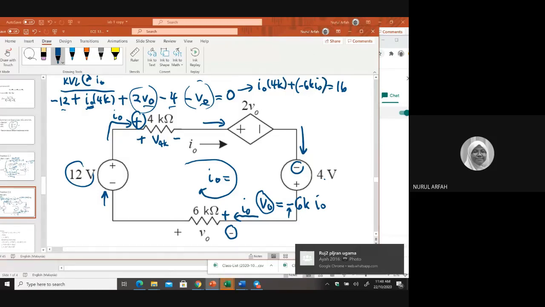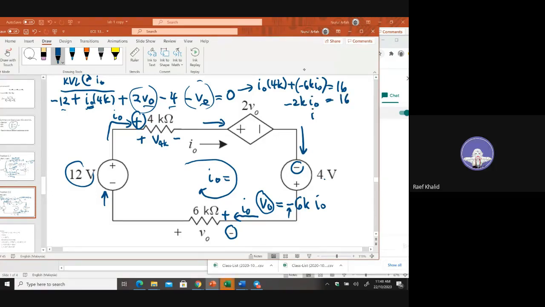And then this 6K and 4K you can add, so you get a negative 2K I naught, negative 8 milliampere. You okay? So far so good.